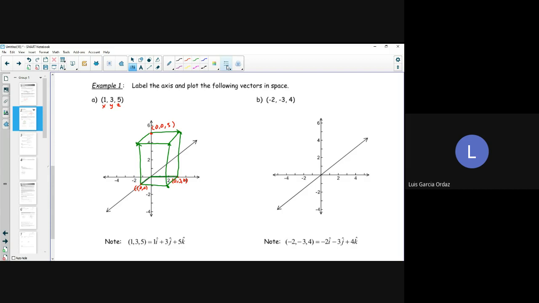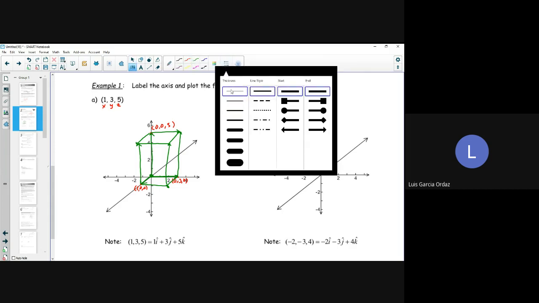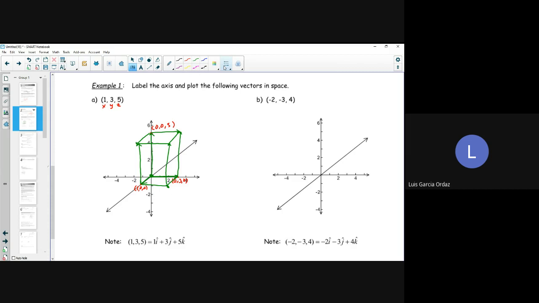And that would be my shape right here. And it all started from my origin right here. And then my resultant u ends up at when x is 1, y is 3, and z is 5.